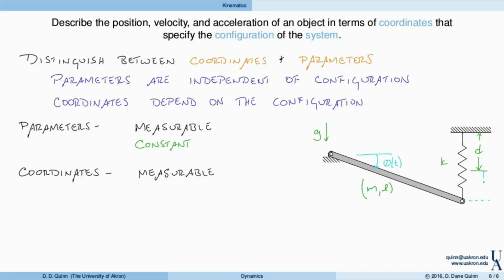Alternatively, z, the stretch in the spring, that would be a coordinate. If I told you what the value of z was, you could tell me exactly where the bar was. So again, coordinates are measurable as are parameters, but coordinates specify the configuration.